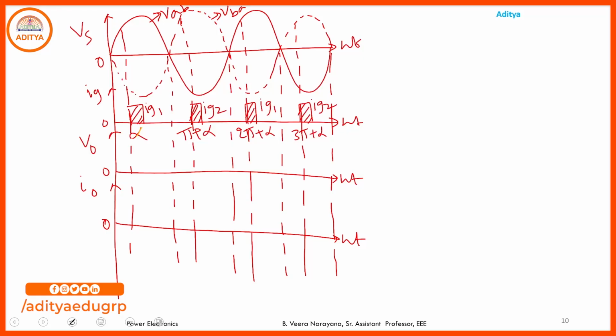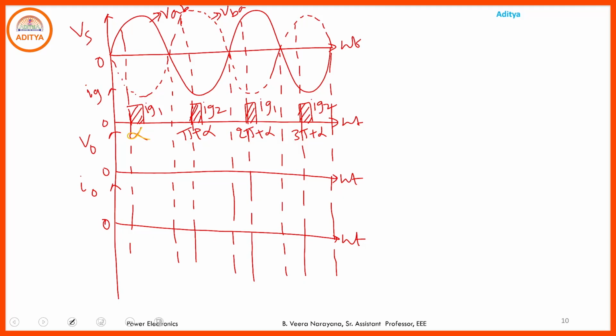So at omega t equals alpha, we provide the gate pulse to the first thyristor. Here, D1 is an uncontrollable device, and thyristor 1 is the controllable device. So if the thyristor is in forward bias and you provide the gate pulse, then it comes to the on state.